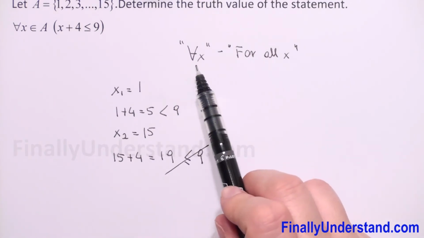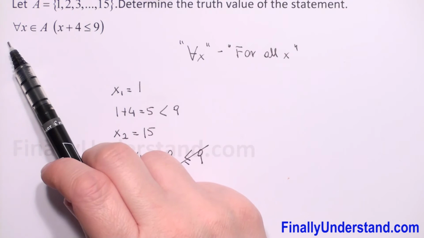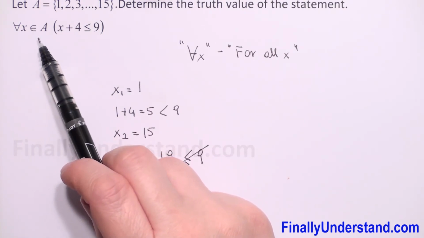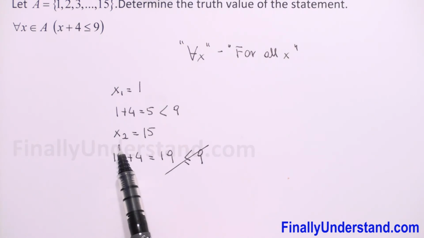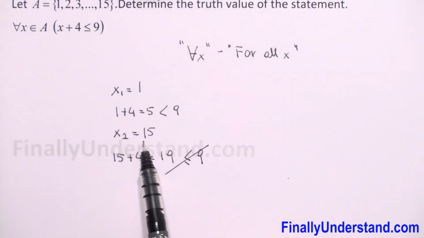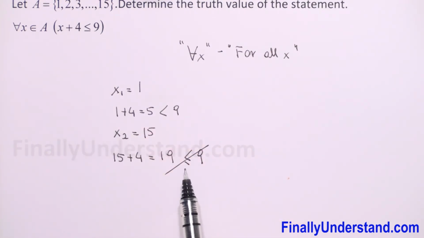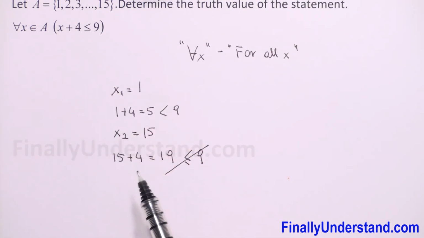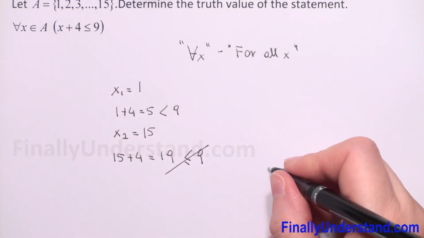Because this quantificator means that this statement must be true for all x's, and we found example for x equals 15. This inequality is not true. It means that our statement is not true, so it's false.